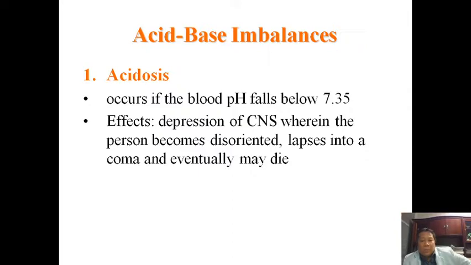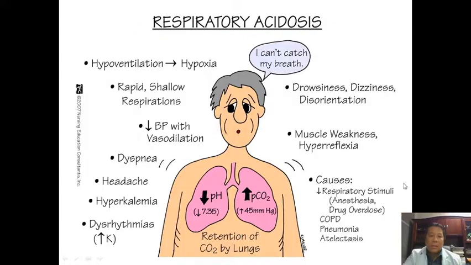That patient will be susceptible to acidosis. Why? Because the respiratory center will be depressed, decreasing the respiratory rate of the patient and potentially retaining more carbon dioxide. And the more carbon dioxide retained, the more carbonic acid will be formed, and that can lead to acidosis.